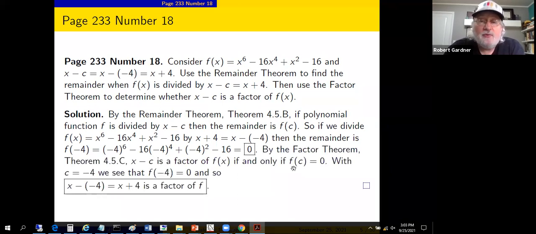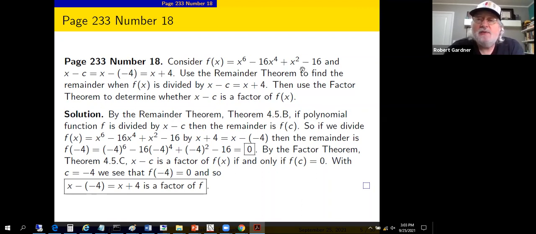So by the factor theorem, since f of c equals 0, then x minus c is a factor of the polynomial function. That is x plus 4, x minus negative 4. x plus 4 is a factor of f. And that's all they ask us to do at this stage.